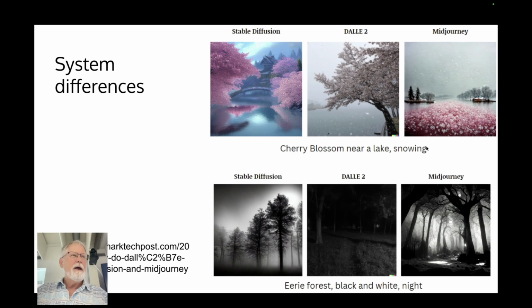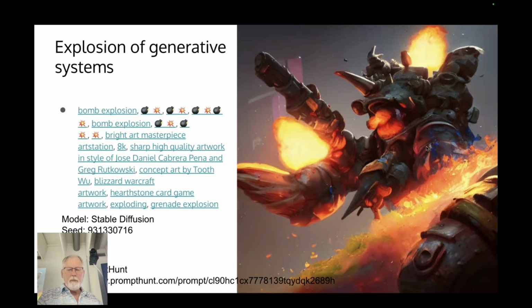For the last slide, so in the style of 2 artists, right? Here, the prompt is just cherry blossom near Lake Snowing. So in the style of like a couple artists, does the order matter or it doesn't? That's a really good question.